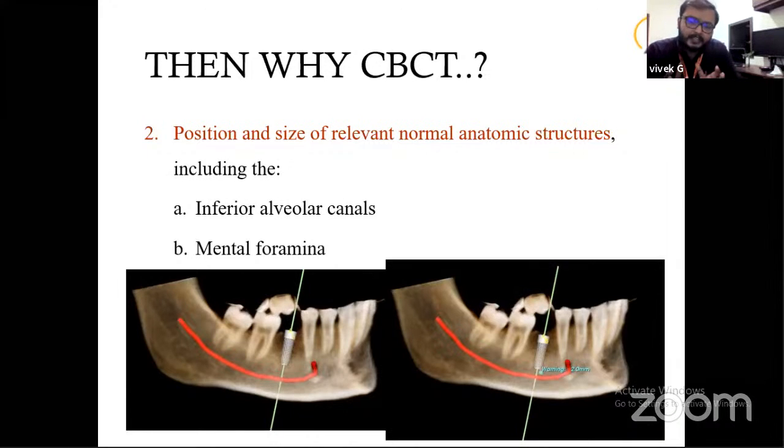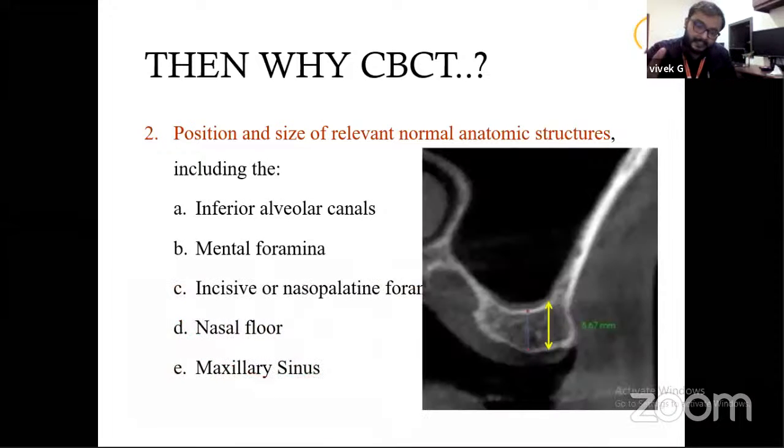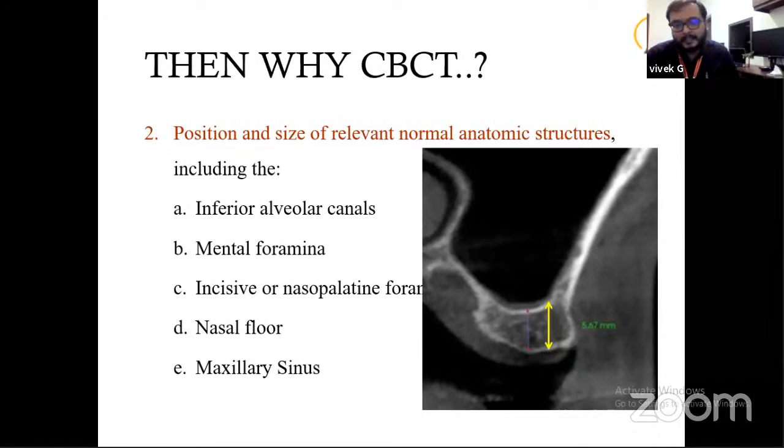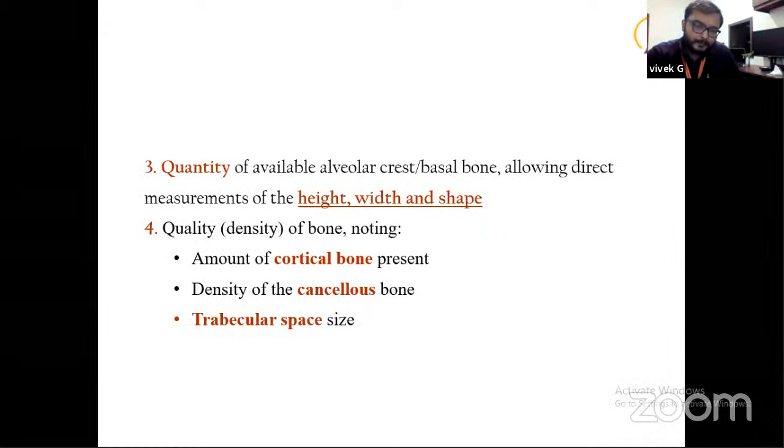So basically you can identify the spatial relationship between these important structures and your implant placement very well. Then again, your antra, nasal septum, your maxillary sinus, all these important structures will not be harmed in implant planning and implant placement with the help of CBCT.